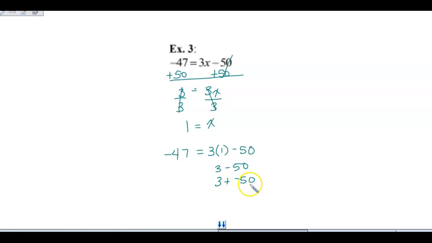Different signs, find the difference, so 50 minus 3 is 47. There are more negatives than positives, so it's going to be a negative 47. Is negative 47 equal to negative 47? Yes, so my answer is correct.